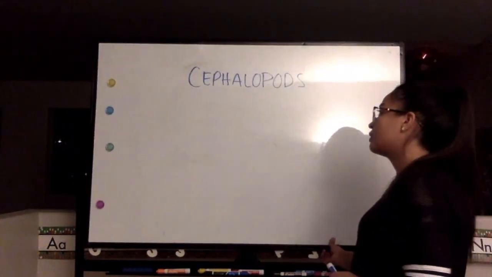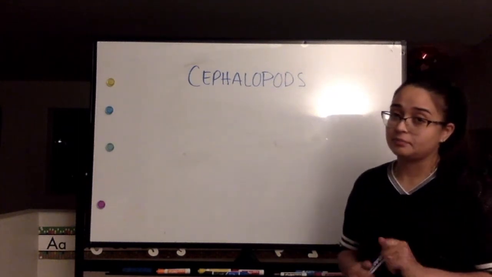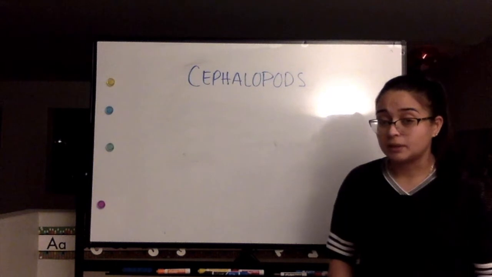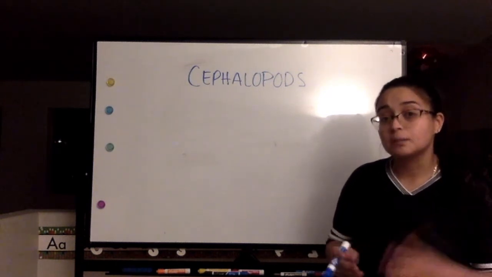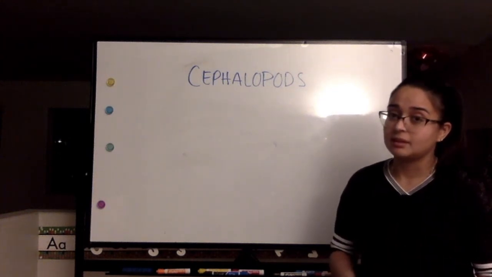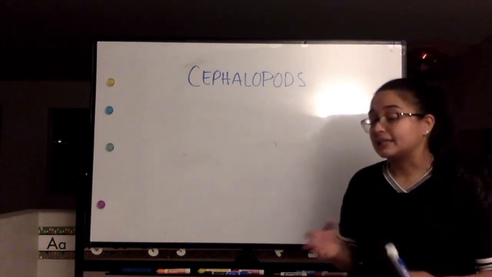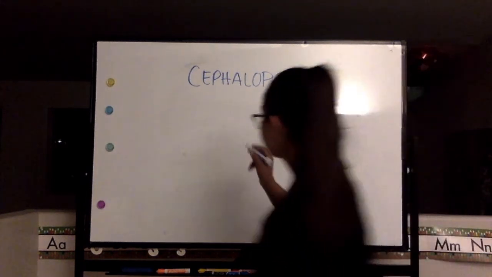Then, third, we have the cephalopods. A cephalopod is actually the largest and most complex type of mollusk there is. For example, this would be an octopus, a squid.